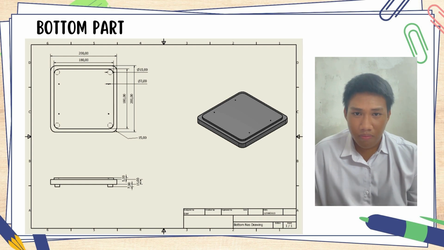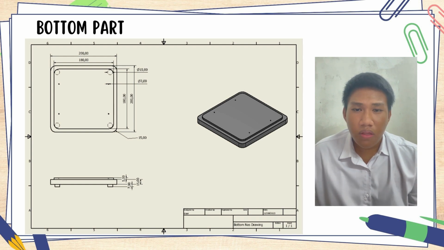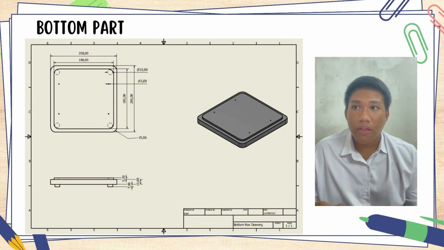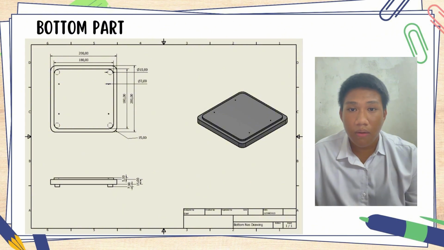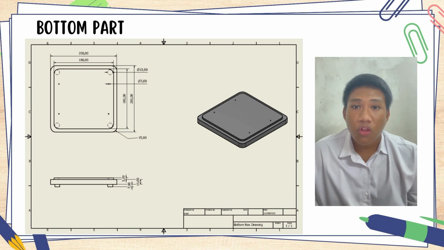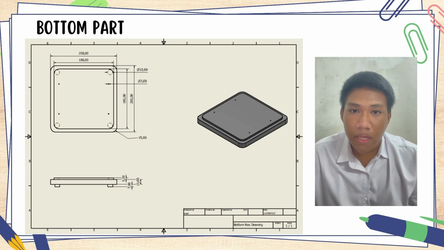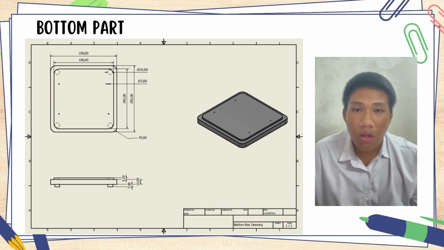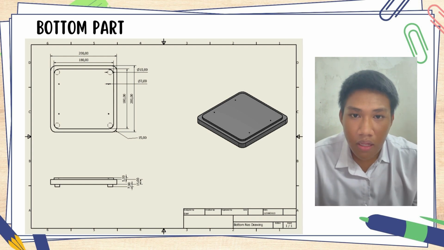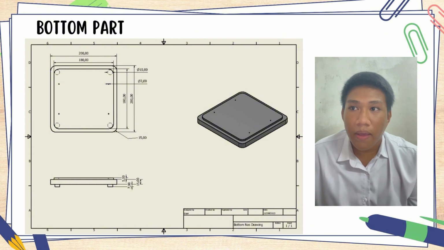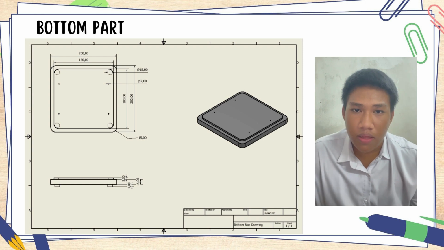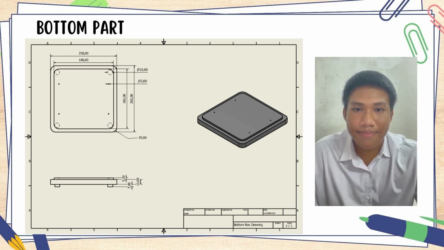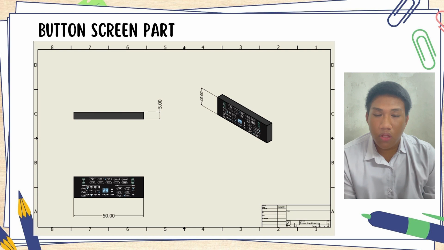Then we make a small 2 mm diameter hole on the top of the bottom part and make a thread on it. On the underside, for the leg of the bottom part, we make a 15 diameter circle and extrude it 7 millimeter.